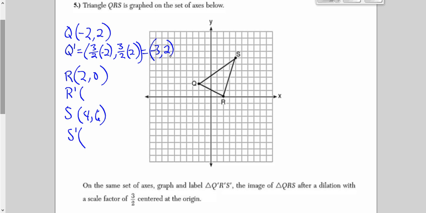And then R prime would be k times 2, comma, 3 halves times 0, right? Which is 3, comma, 0. So S prime here would be 3 halves times 4, comma, 3 halves times 6.